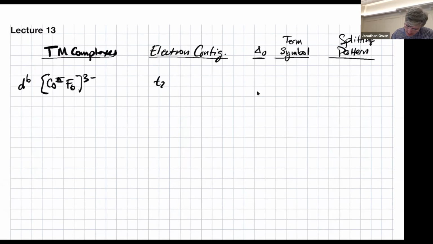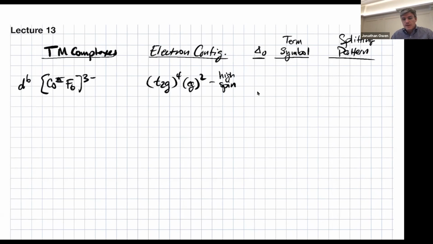It has an electron configuration T2G4 Eg twice. So it is high spin. You should have guessed that because fluoride is a pi donor and a weakish sigma donor. You have a 3D transition metal that has weaker bonding than a 5D, and it has lower spin orbit coupling. And a 3- charge means that the ligands are spread out from the metal a little bit to reduce the charge density.